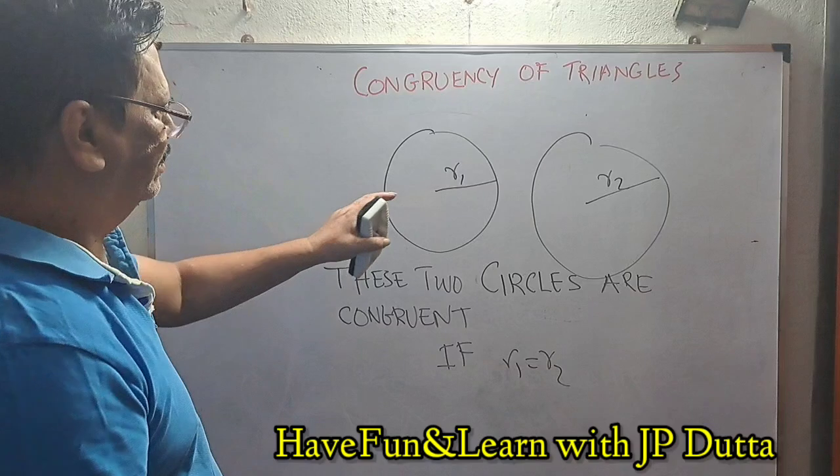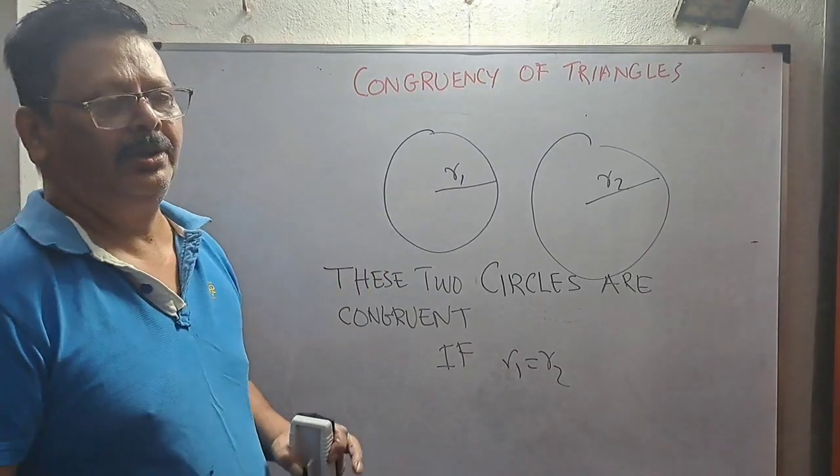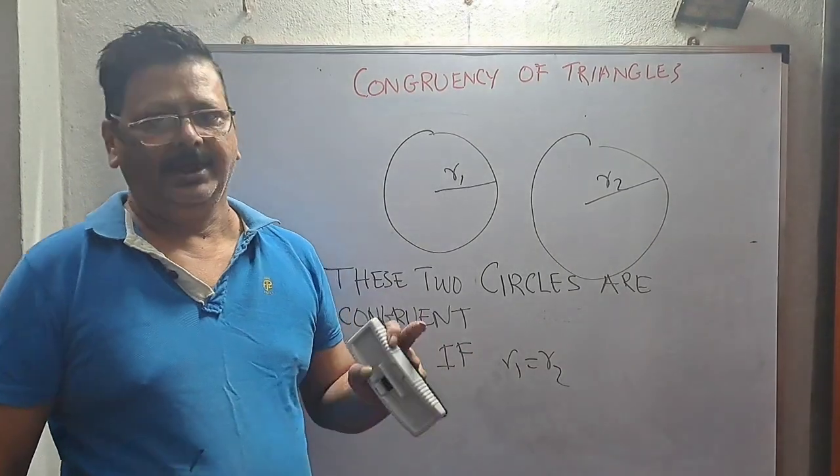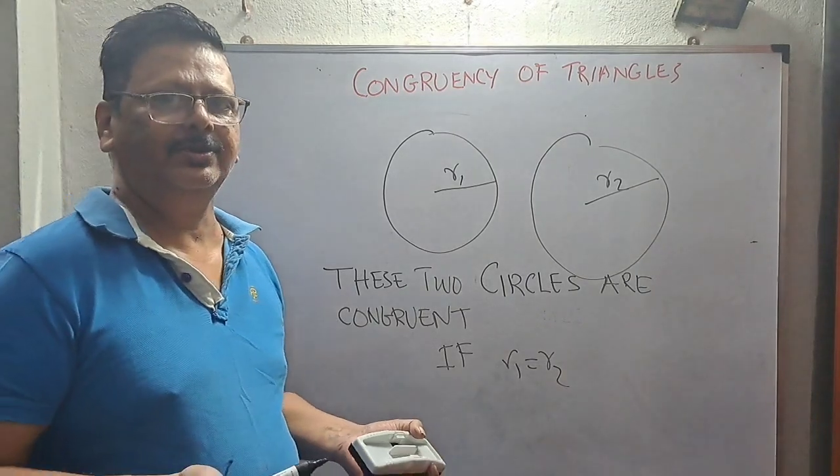In this case, the area will be the same because the area of a circle is given by pi r square. So area is a consequence of congruency.